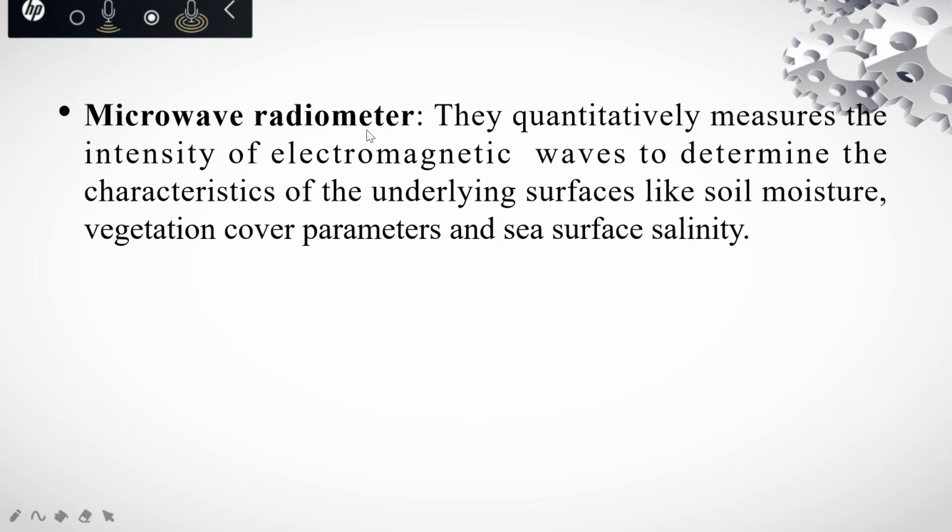Last one is the microwave radiometer. This basically measures the intensity of electromagnetic waves to determine the characteristics of the underlying surfaces like soil moisture, vegetation cover parameters, and sea surface salinity. These are used, suppose we need to study the ocean beds.